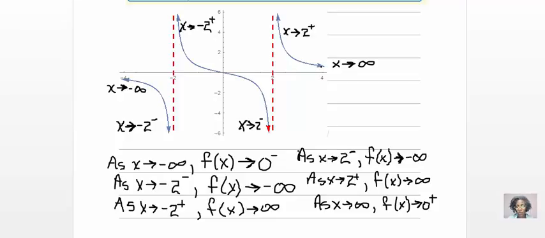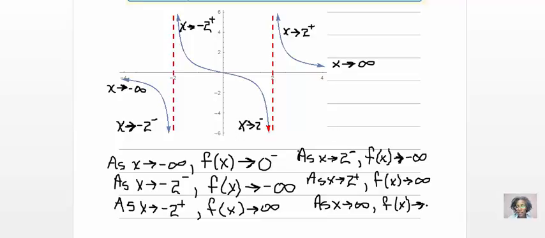Remember when I had my x approaching negative infinity, my y's were also approaching 0, but they were approaching 0 from below. And so I use the negative sign as an exponent to say y's are approaching this value from below. I use the plus symbol as an exponent to say the y's are approaching this value of 0 from above.